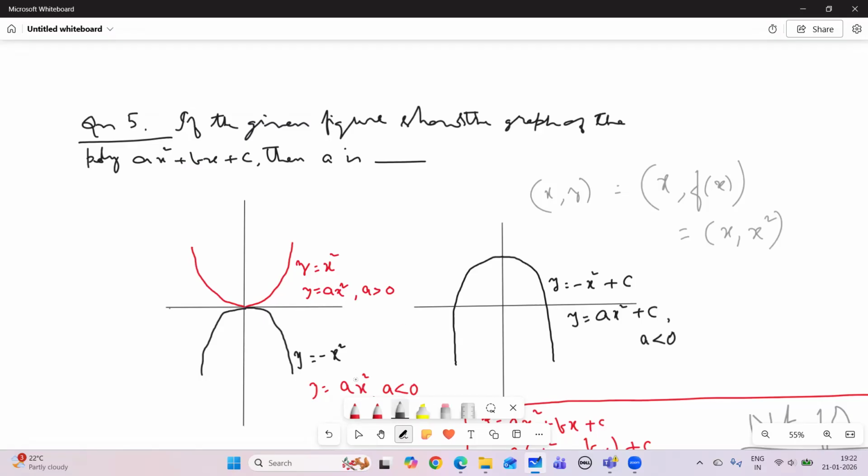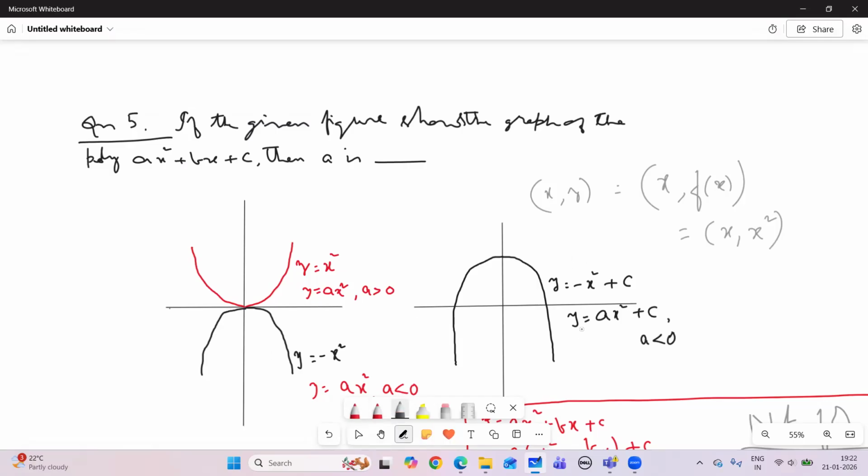And if you are multiplying x square by a negative number a, that is multiplying minus x square by a positive number a, so the graph of y equal to ax square will still be in the shape of this black curve, when a is negative.